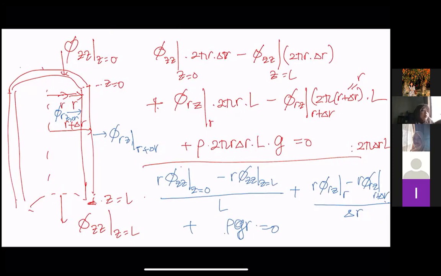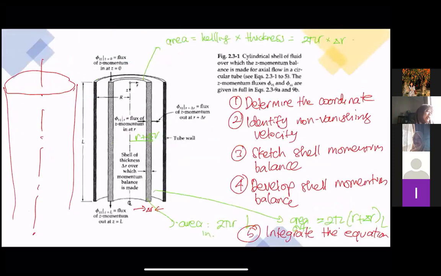The second one, I will ask sketching the shell momentum balance. So you should be able to draw the sketch, either in 2-dimension or 3-dimension, for any case. And then this is also syarat lulus.